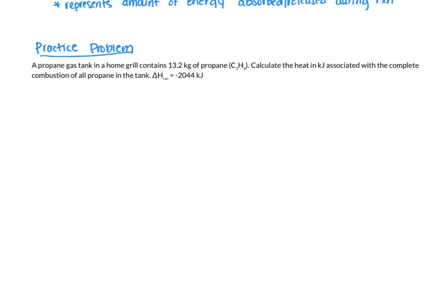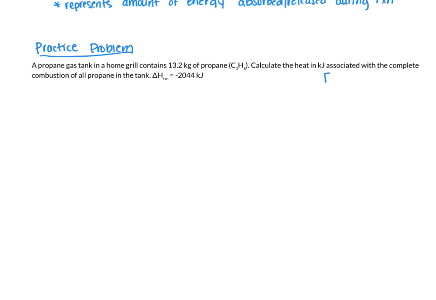Okay. So we have a propane gas tank in a home grill, and it contains 13.2 kilograms of propane, and the problem is asking you to calculate the heat in kilojoules associated with the complete combustion of all propane in the tank. And it tells us that the delta H of reaction equals negative 2,044 kilojoules.